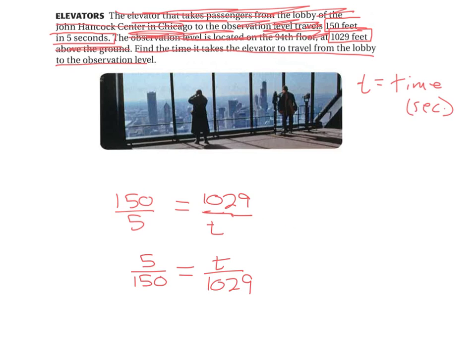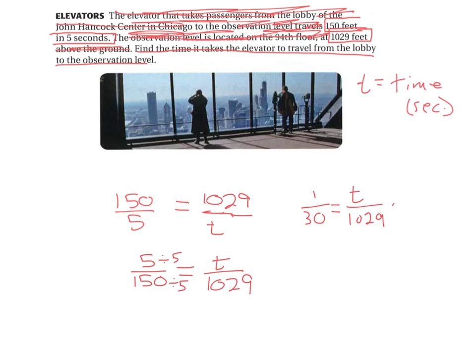So now I have my T in the numerator. I want to simplify over here. I'm going to divide both of these by 5. T over 1029 equals 5 divided by 5 is 1, and 150 divided by 5 is 30.